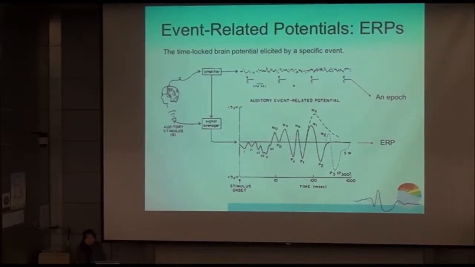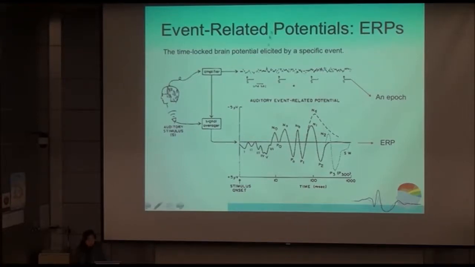While recording the EEG, the participant will also hear a series of auditory stimuli, let's say a 1,000 hertz pure tone. Supposedly this pure tone will elicit a specific brain potential, so you can try to estimate how this evoked potential will look.